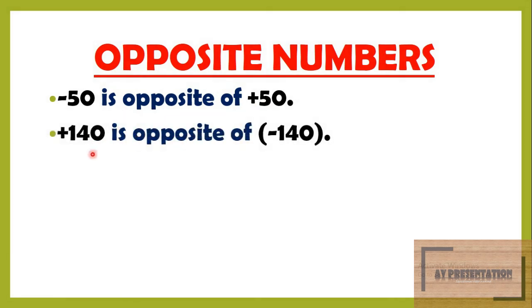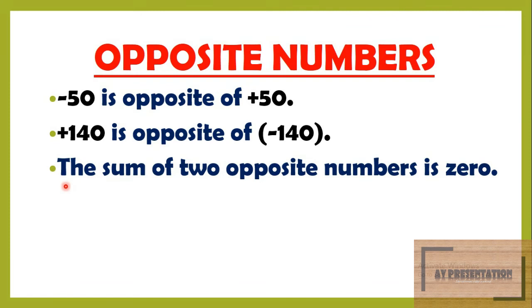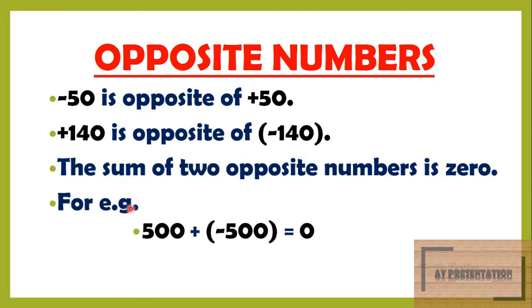Now take another example. Positive 140 is the opposite number of negative 140. The sum of two opposite numbers is always 0. For example, here positive 500 plus here negative 500.